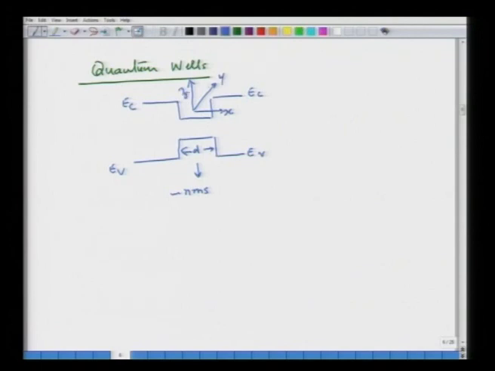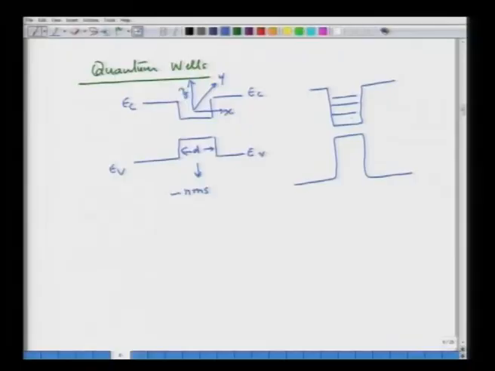As a result, the y and z direction electronic structure does not change, but in the x direction the electronic structure will get quantized, and it will introduce electronic states which are quantized in the x direction, and that changes the emission of the light.